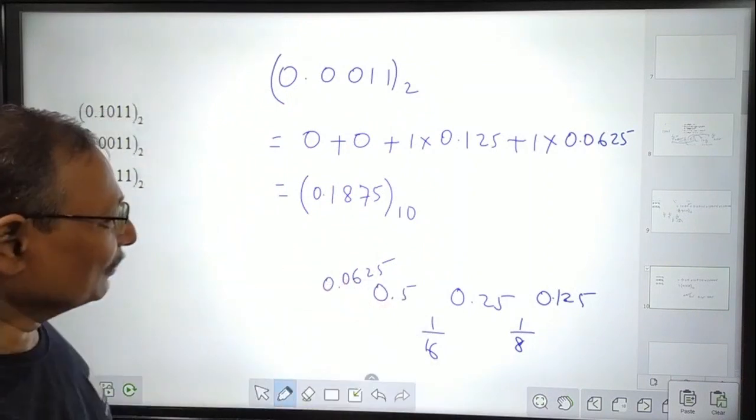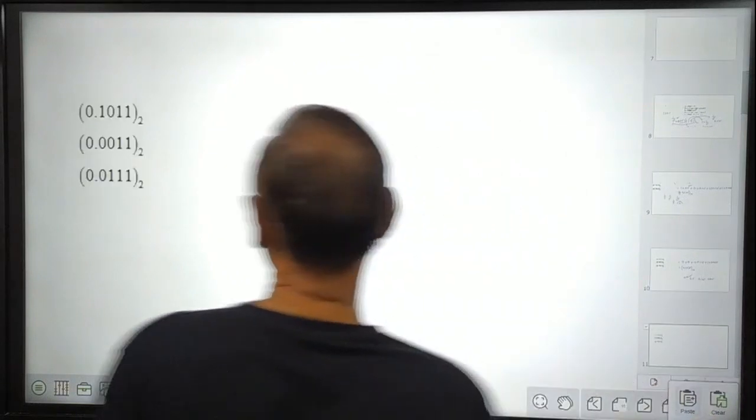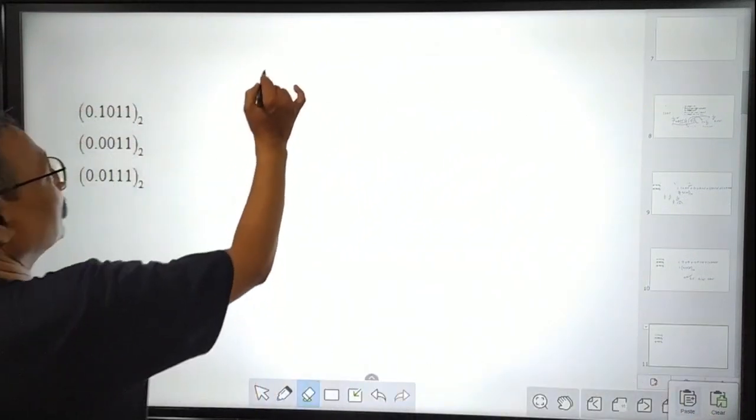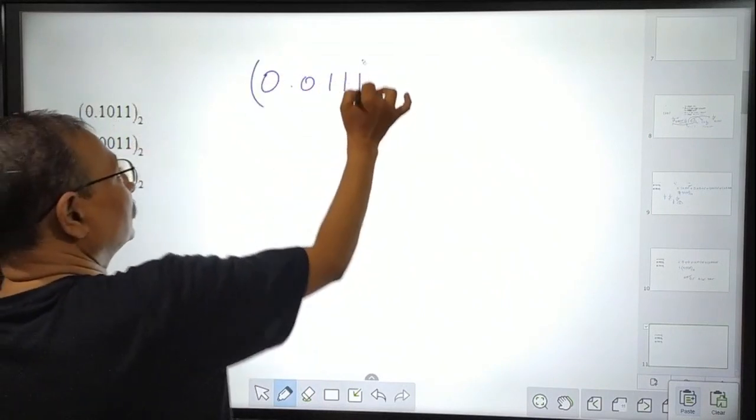Okay, and now the third one can also be taken for conversion, 0.0111 as a binary number.